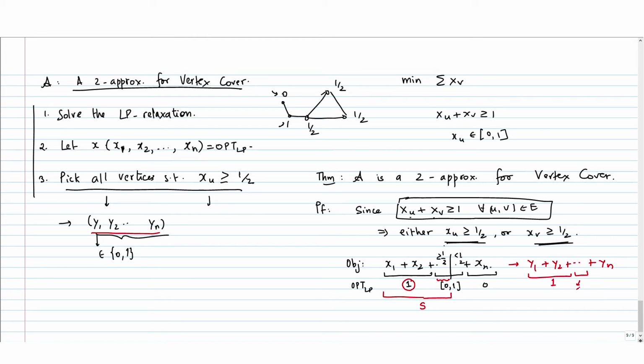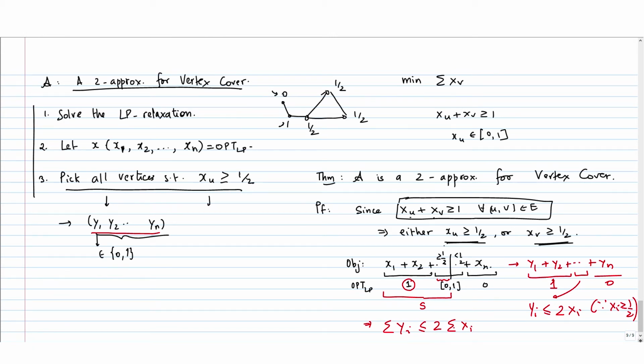So, here yi is at most 2 times xi, because xi is at least half, and the rest are 0. Therefore, the sum over the yi is at most 2 times the sum of xi.